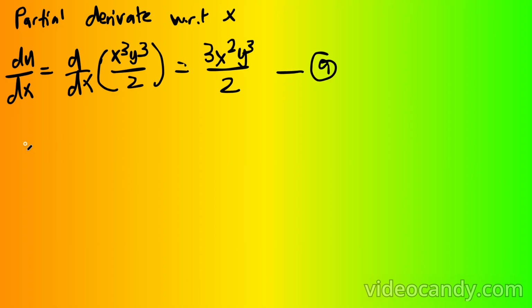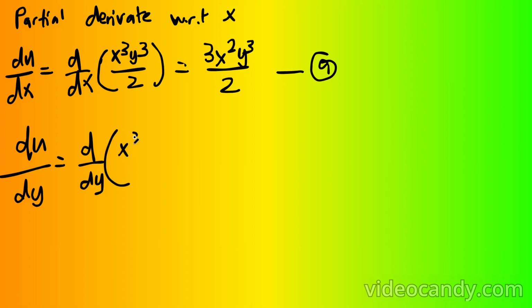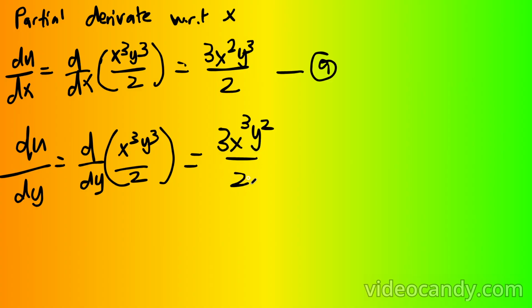The next step is y. du/dy equals d/dy of x^3 y^3 / z, which equals 3x^3 y^2 / z. That's step B, the partial derivative with respect to y.